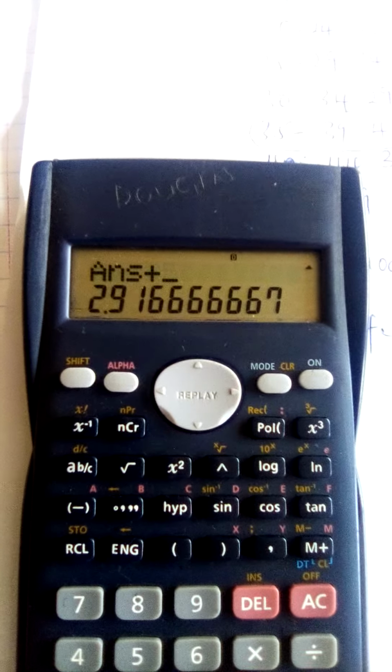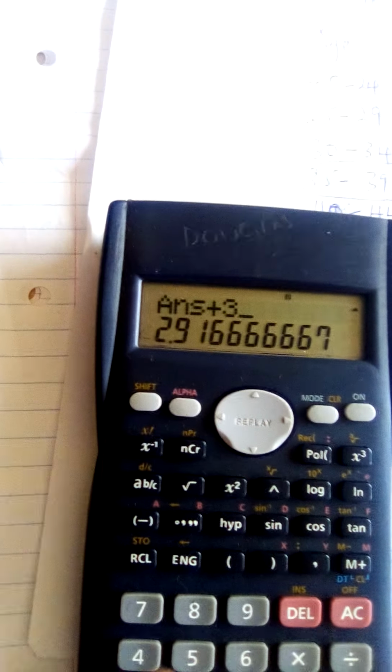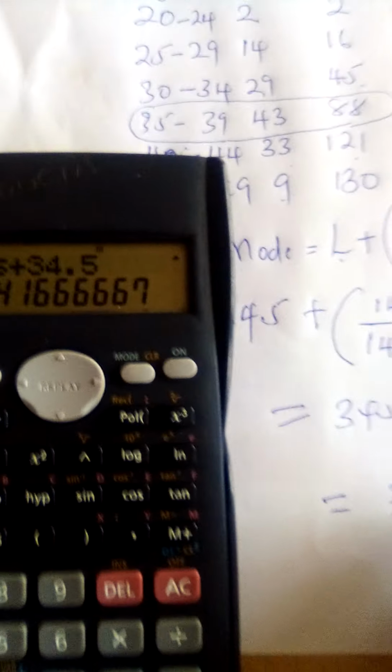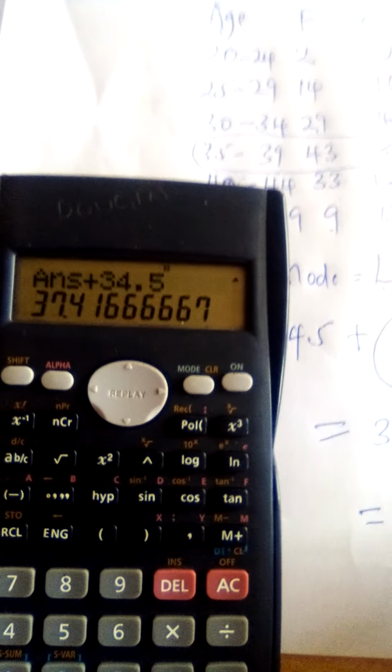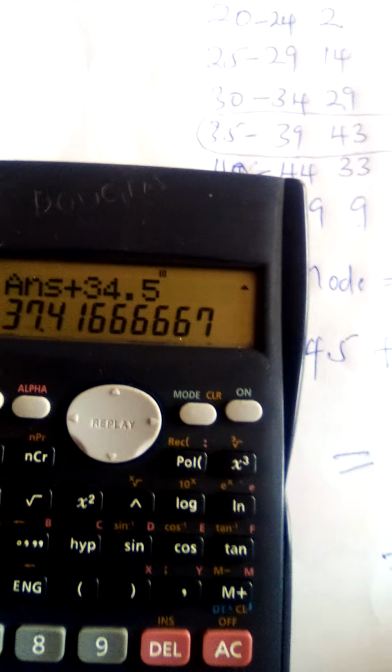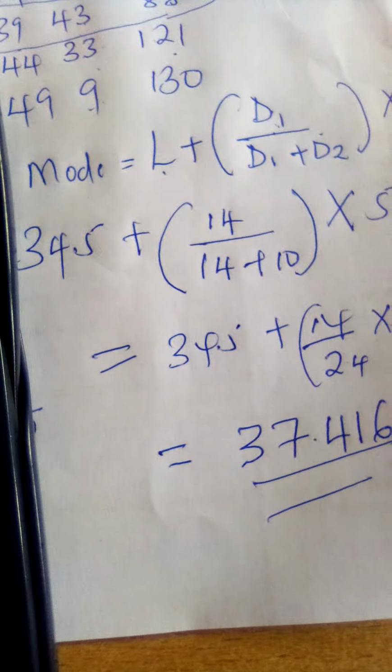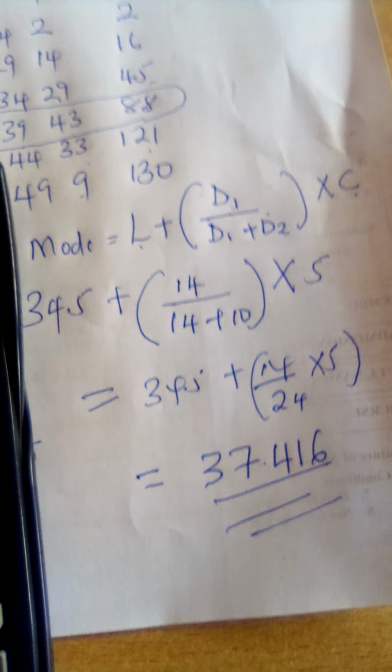Then I'm going to add 34.5, and this gives me my mode as 37.416, and that is basically how you calculate the mode of grouped data.